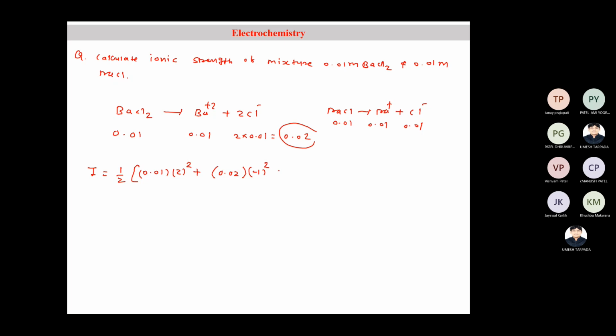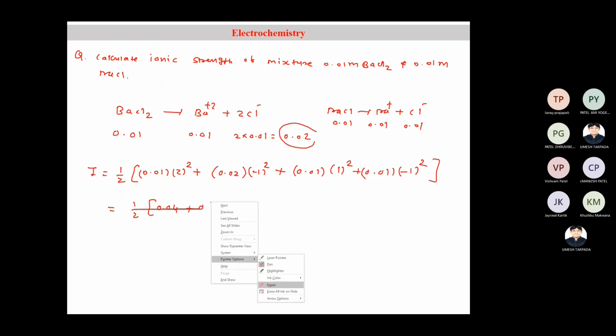Then plus Na plus, 0.01 into charge plus 1 squared, plus 0.01 into -1 squared. Do the summation of all of this in this way. 0.01 into 4 means 0.04, 0.02, 0.01 and 0.01.